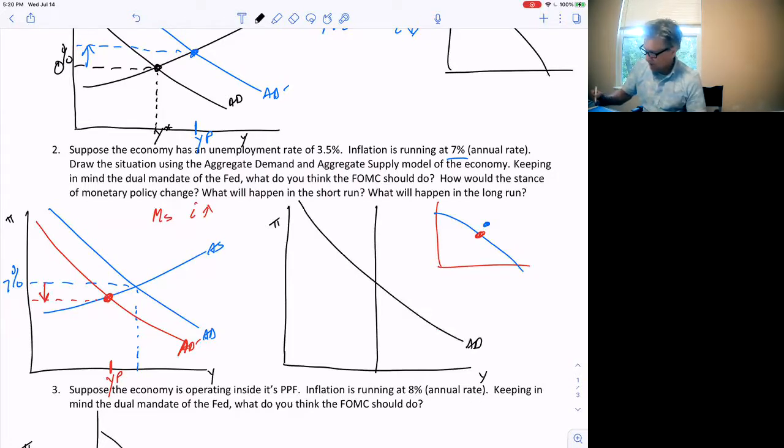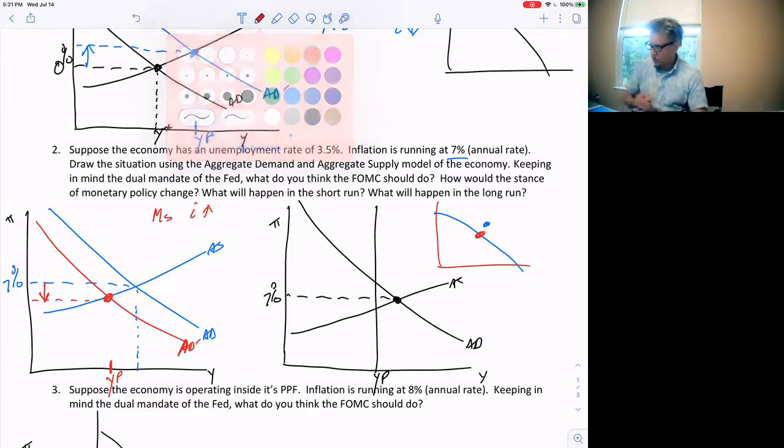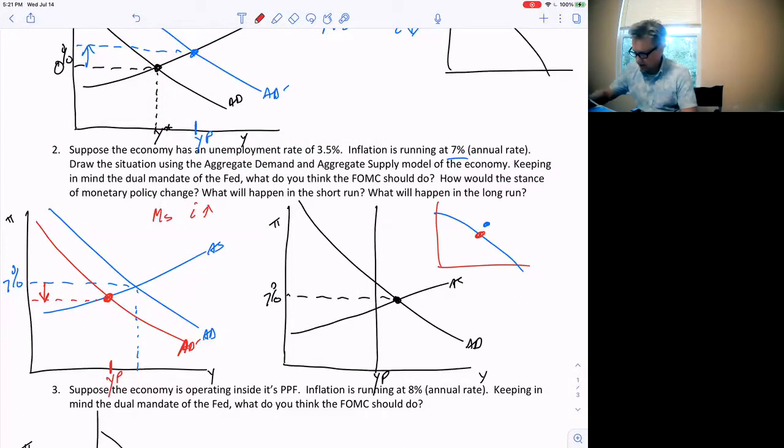We have the aggregate demand curve, and our intersection was above or greater than potential. Shifting that aggregate demand curve to the left, we want to know what's going to happen along with the model.